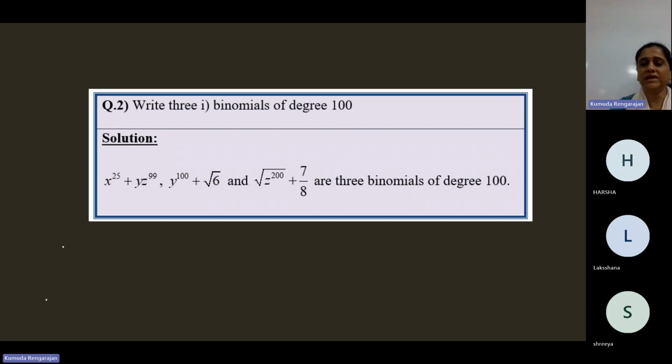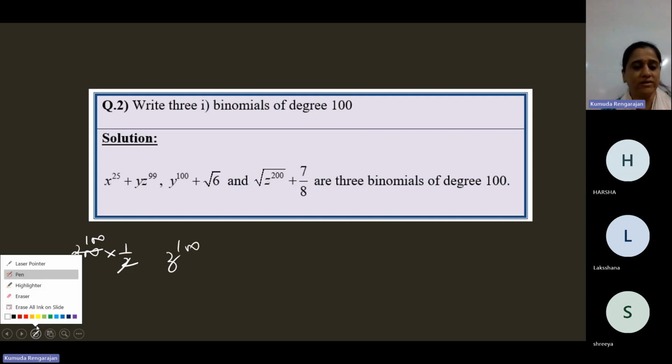Third example, we'll ignore the second part, 7 by 8, because it has nothing to do with the degree. So we'll see the first, it's a binomial. Now, z to the power 200, the radical square root will become into 1 by 2, correct? So what is z to the power 100?